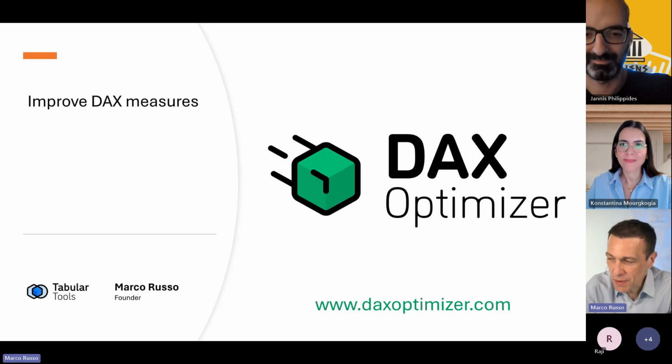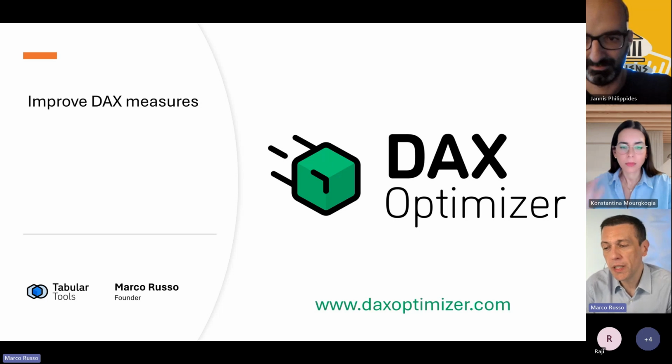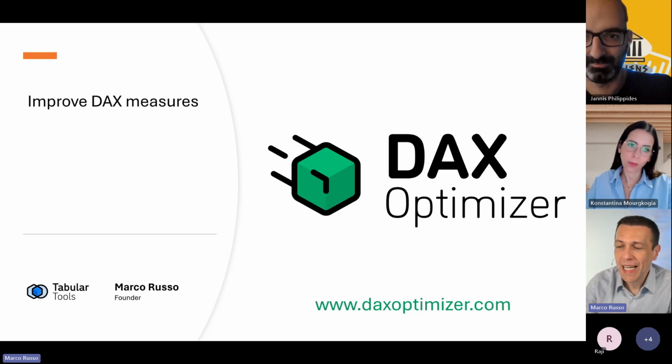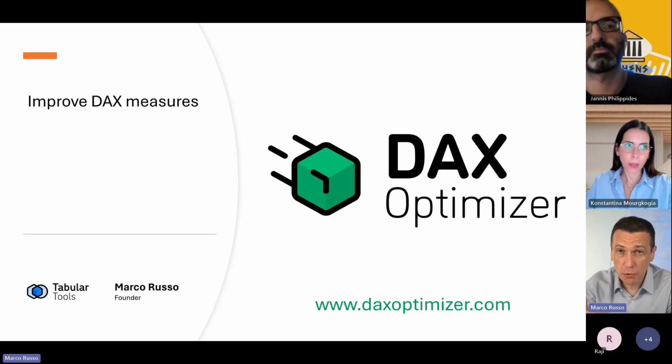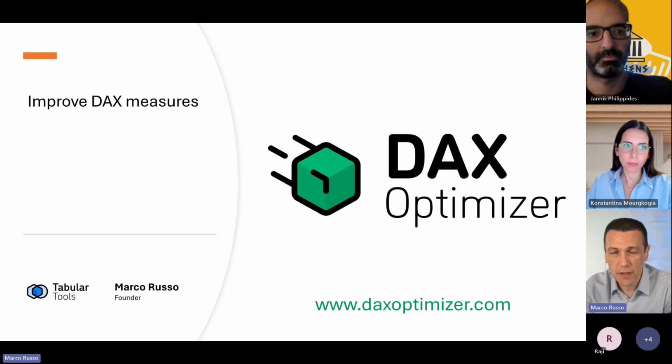DAX Optimizer is a tool produced by a company called Tabular Tools. Tabular Tools is an investment between SQLBI, the company that I showed you before, and Tabular Editor, which is the company that produces the Tabular Editor tool, available both as a free open source tool and as a commercial product.